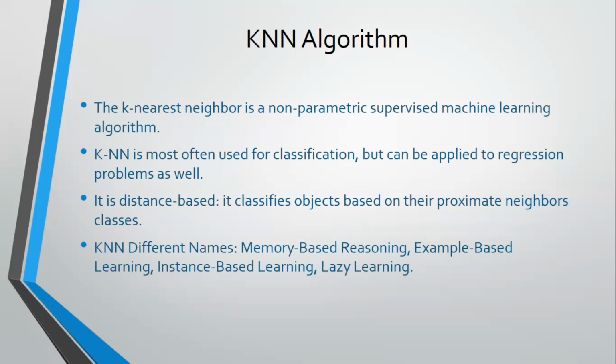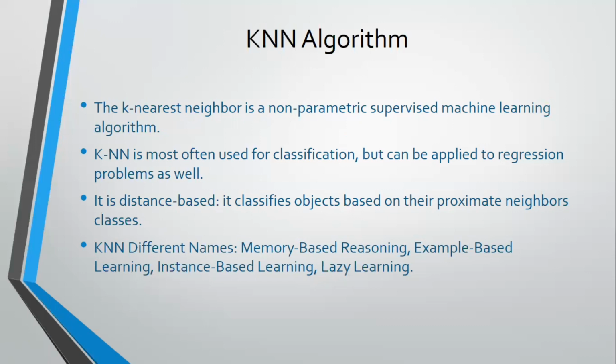KNN can be used for classification as well as regression. If your data set has categorical data, we can go for classification, or if your data set has continuous data, we can go for regression.